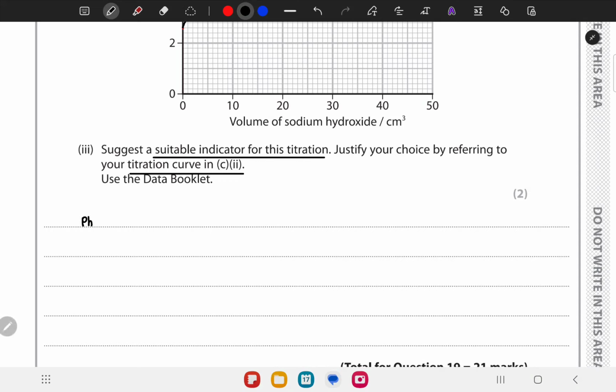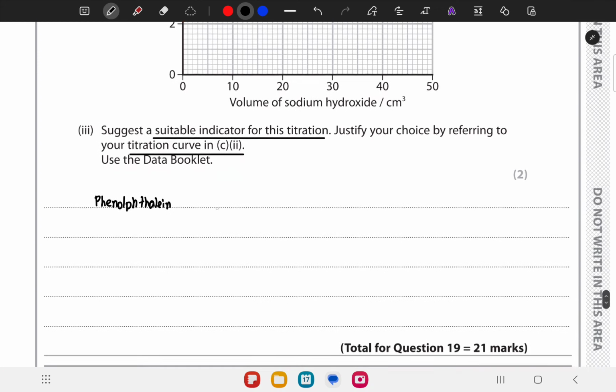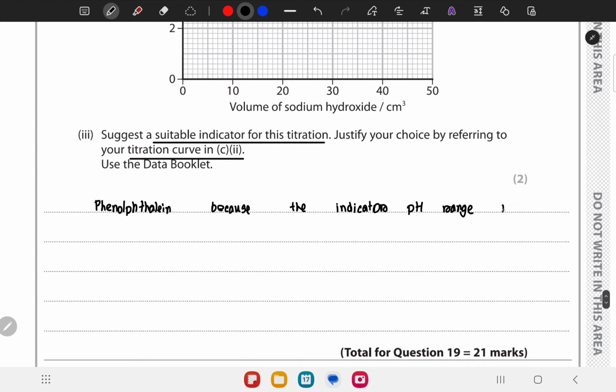So we can use phenolphthalein here, because the indicator's pH range lies completely within the vertical section.